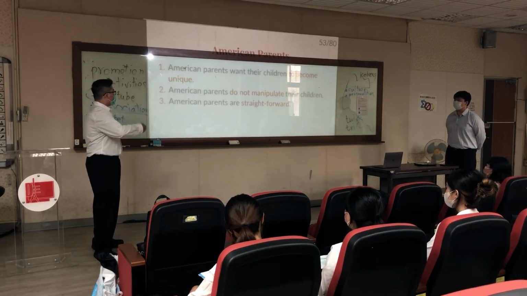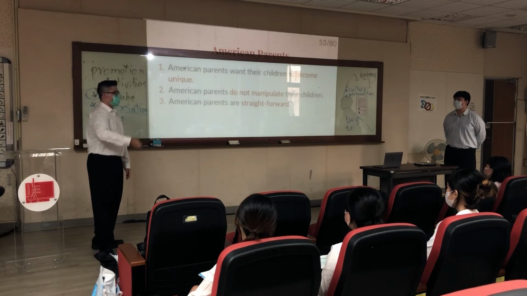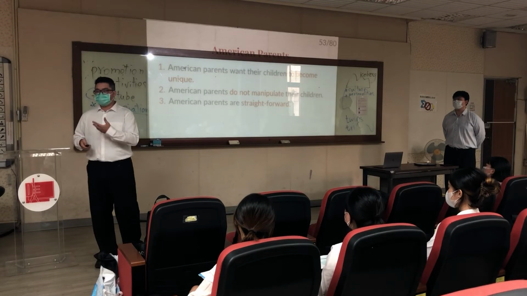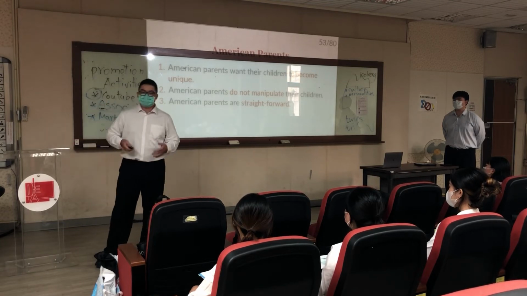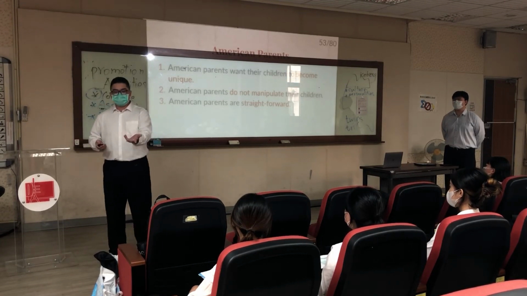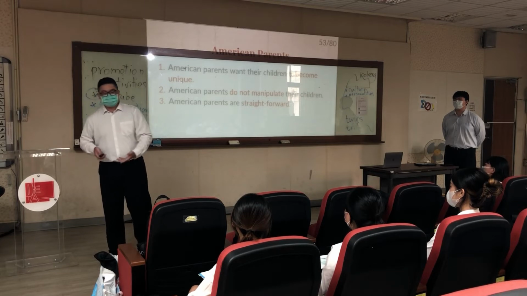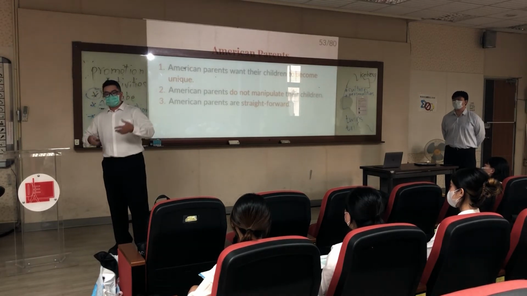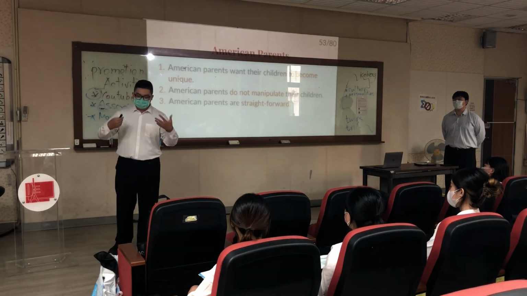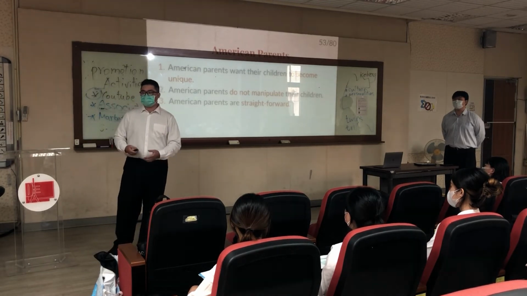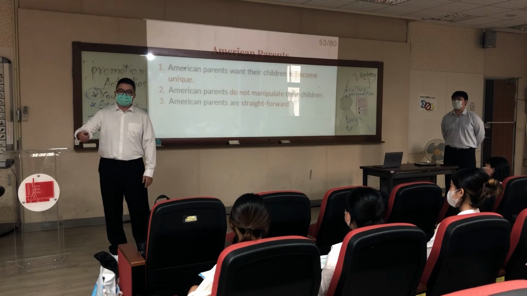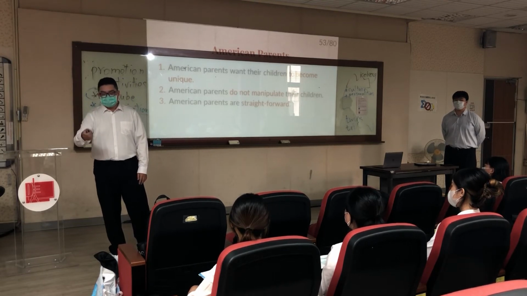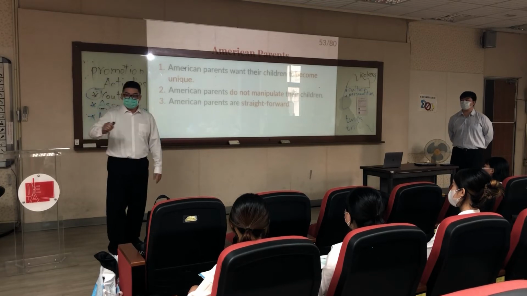So American parents want their children to become unique. For example, in Western countries, parents all want to encourage their children to innovate something, such as doing scientific research or innovation projects, because if they can build up their own self-reliance and independent ability, it can make sure they will be competent to face a lot of challenges in their life at a very young age.